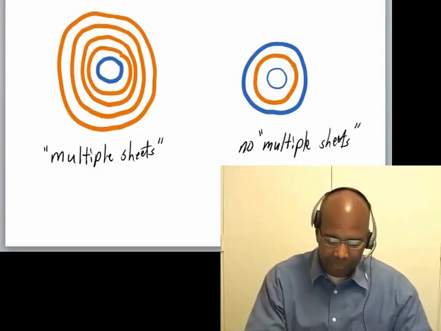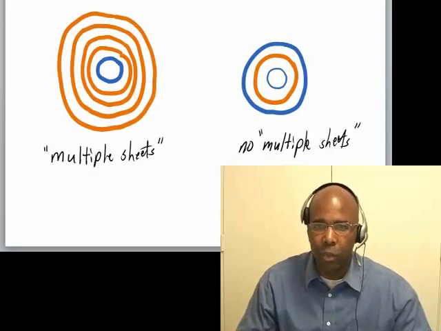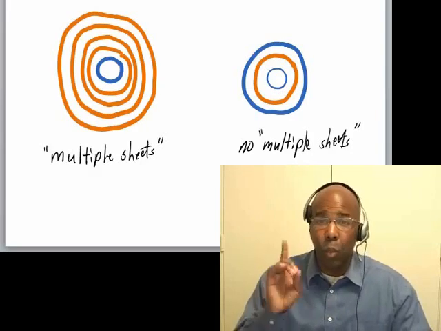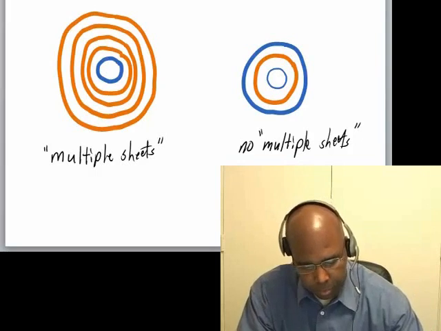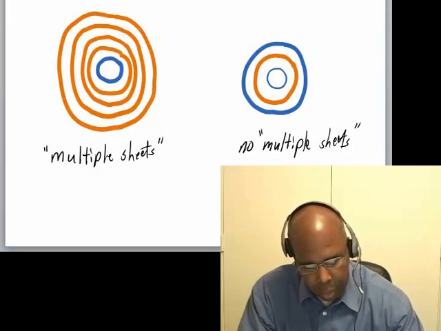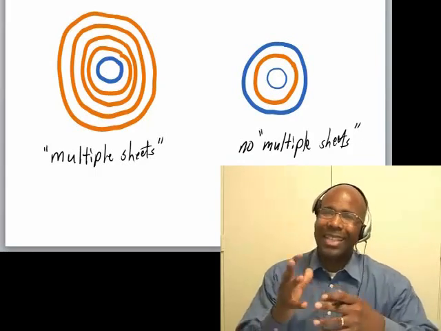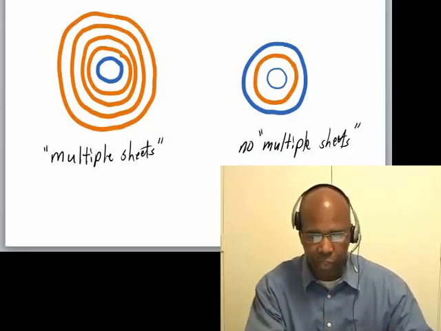And so on the left we have bacteria that have multiple peptidoglycan sheets, and on the right we have bacteria that have only one peptidoglycan sheet. Because the bacteria on the left have multiple sheets, you need something to hold those various sheets together.